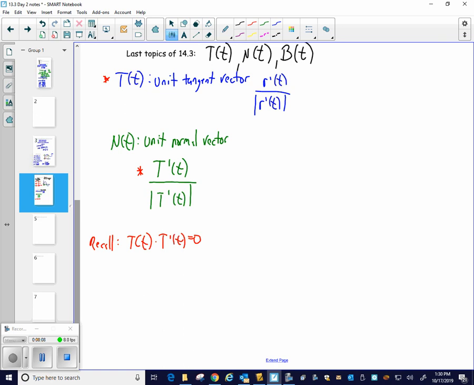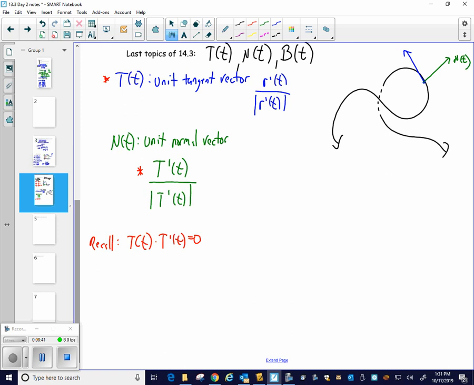So if I were just to draw a real quick space curve of some kind, moving around in space, who knows exactly what it's doing. The tangent vector would be something like that. The normal vector would be perpendicular to that, so that would be N(t).